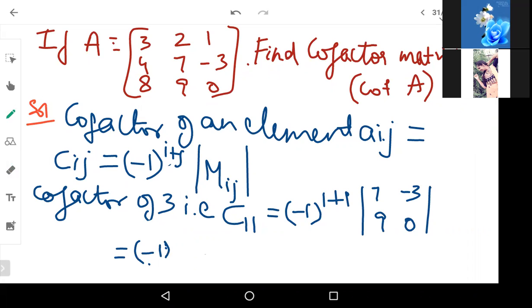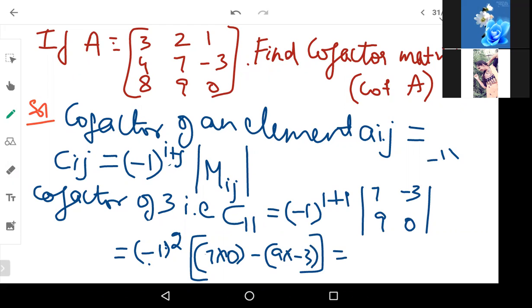-1 to the power 1 plus 1 is 2. Then 7 into 0 minus 9 into -3. So -1 to the power 2 is +1, since minus into minus is plus. Then 7 into 0 is 0.